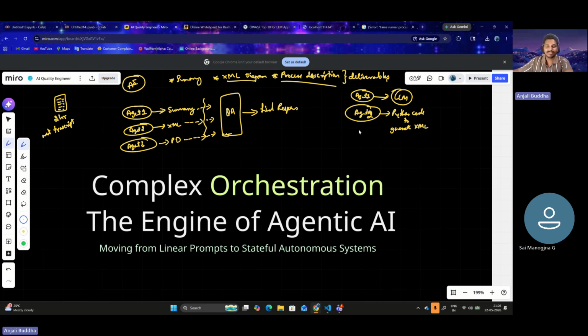Agent 3 creates a complete description of the meeting. So this is again an LLM, is it? Yes. So all the input for all these would be the same transcript, correct?